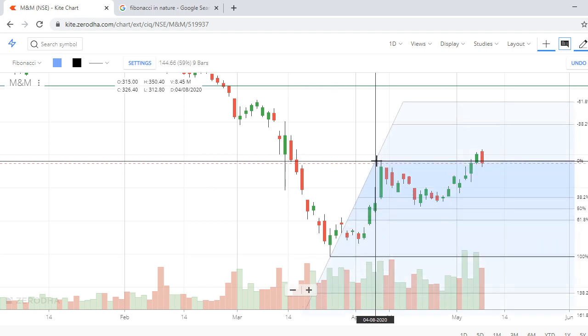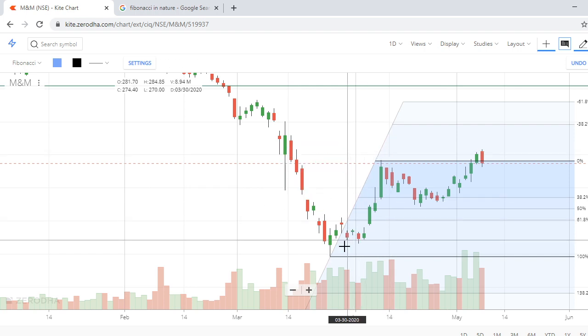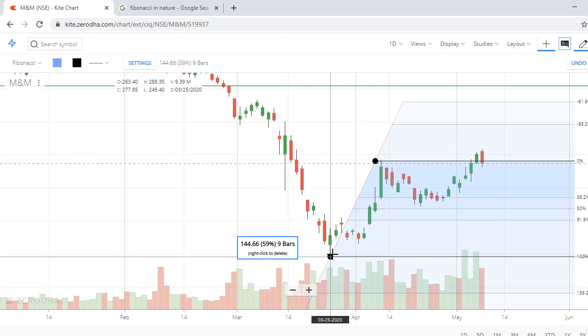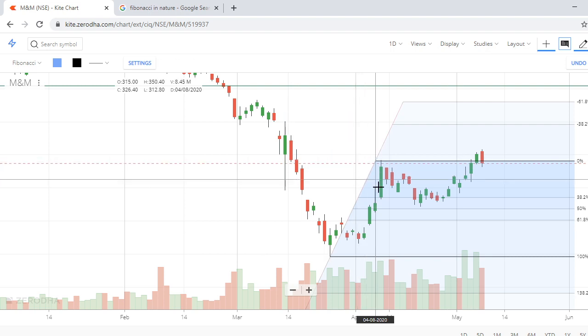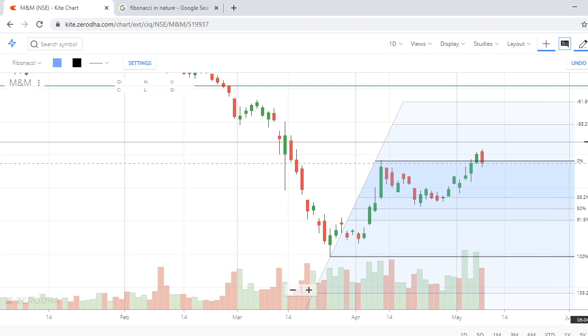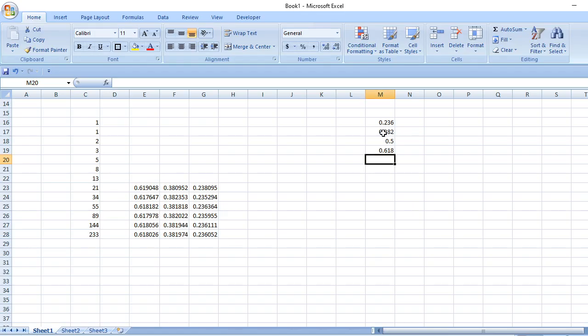As we said, it has to be drawn from low to high or high to low. So this is an uptrend. If the stock is going high and I draw the Fibonacci levels like this, from 1 to 0, from there, up to what level did it retrace? 38.2, which is nothing but 0.382.